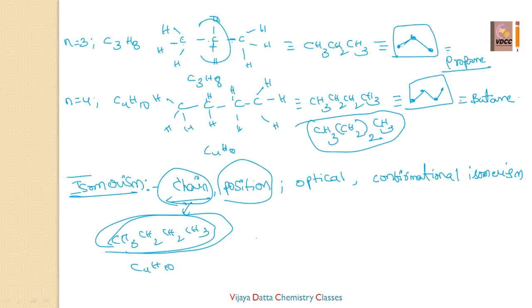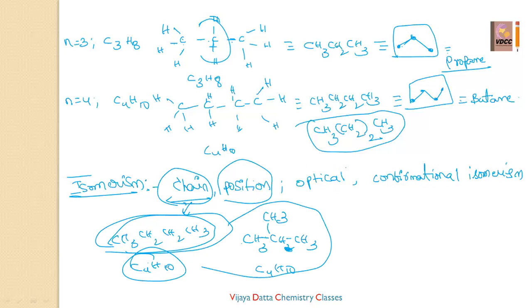Simply I will write CH3, CH2, CH3, and here one more CH3. Then check its molecular formula, C4H10 only. So the molecular formula is the same, but they differ in their structure. Those are said to be chain isomers, structural isomerism, differing in the chain. So these two are said to be chain isomers of each other.